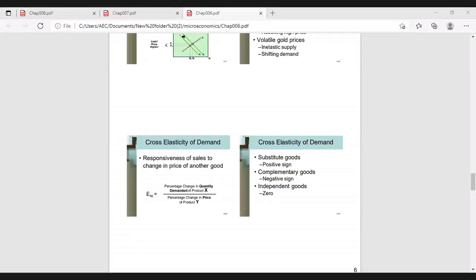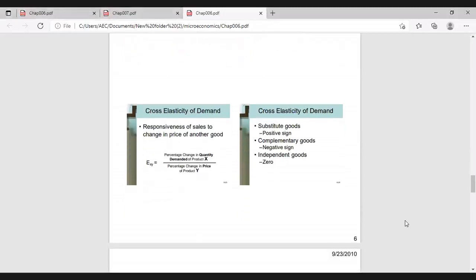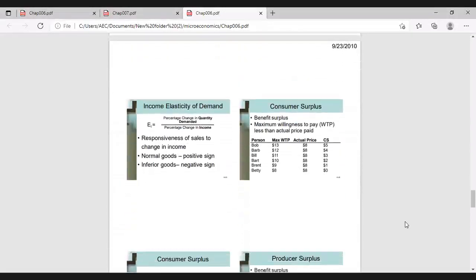Now we will see another elasticity of demand, income elasticity of demand. Income elasticity of demand measures the degree to which consumers respond to a change in their income by buying more or less of a particular good. So income elasticity measures the responsiveness of sales to a change in income.